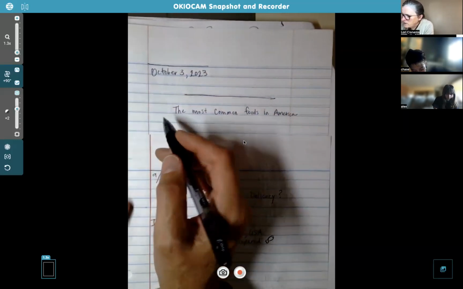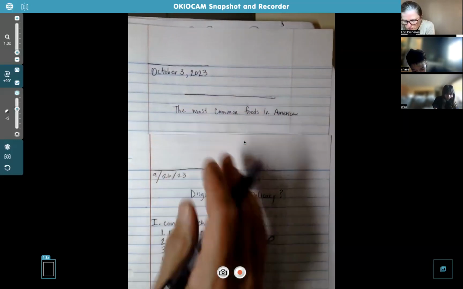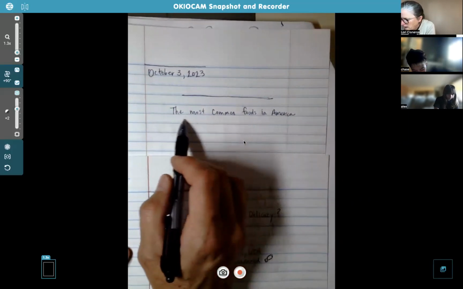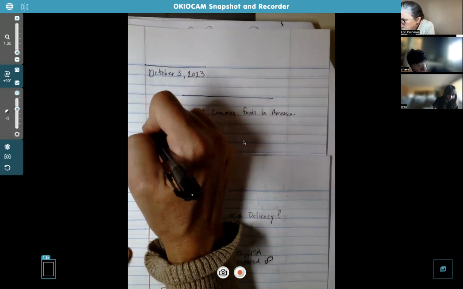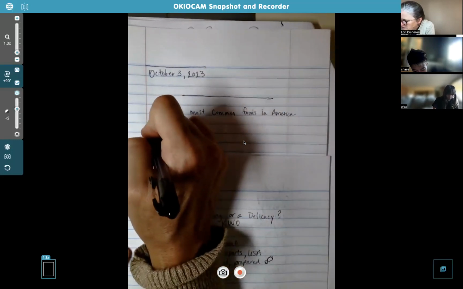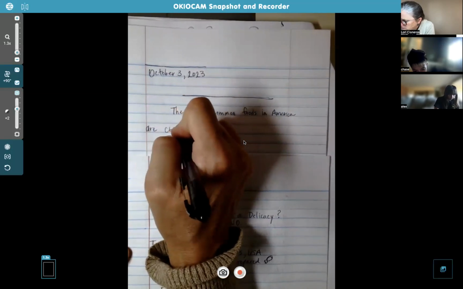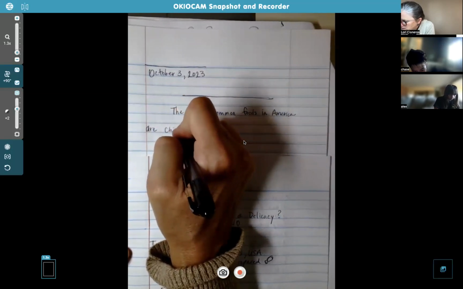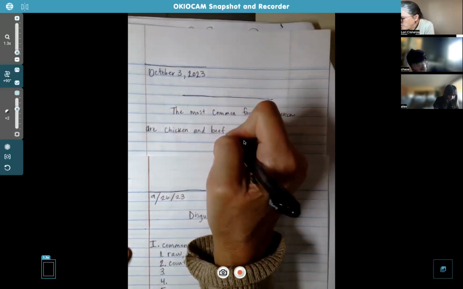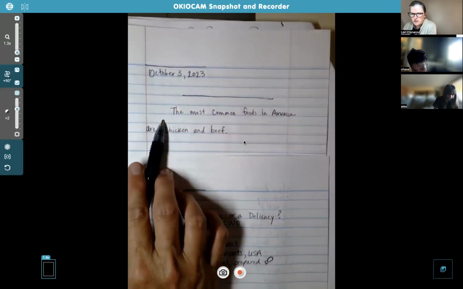Go ahead and skip a line. We're double spacing. So the most common foods in America, skip that line, is, or are actually, chicken and beef, period. Don't forget to skip that line.